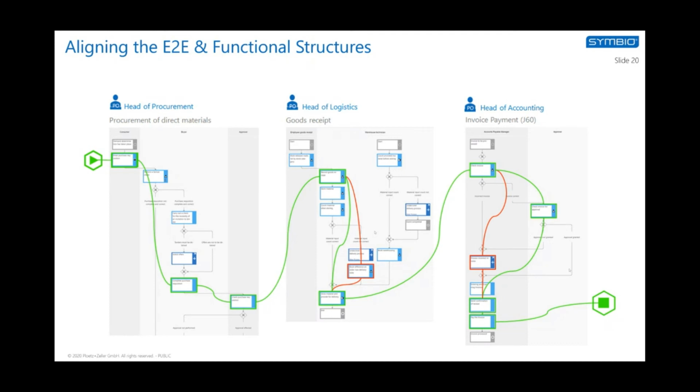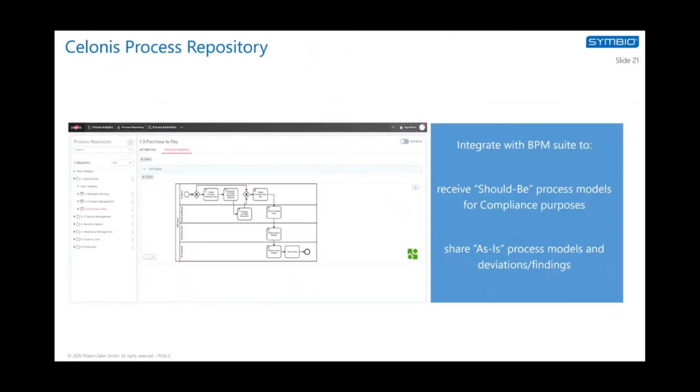So in the next slide, you also see the overview that we went a big step ahead by developing a new service at Celonis called Process Repository, that is meant to be the environment at Celonis to integrate with the BPM world.